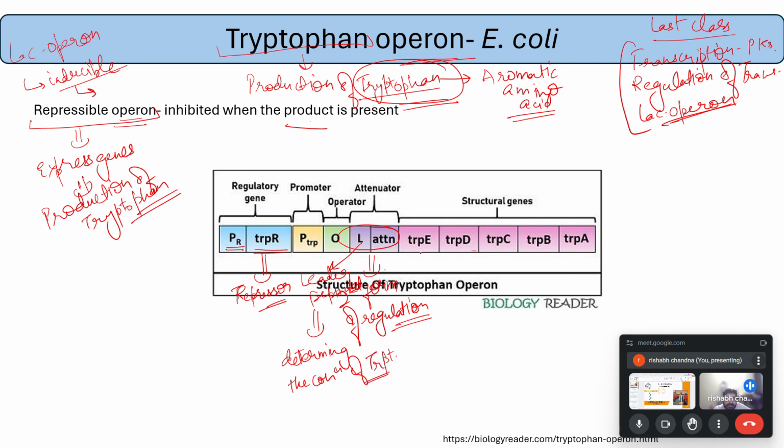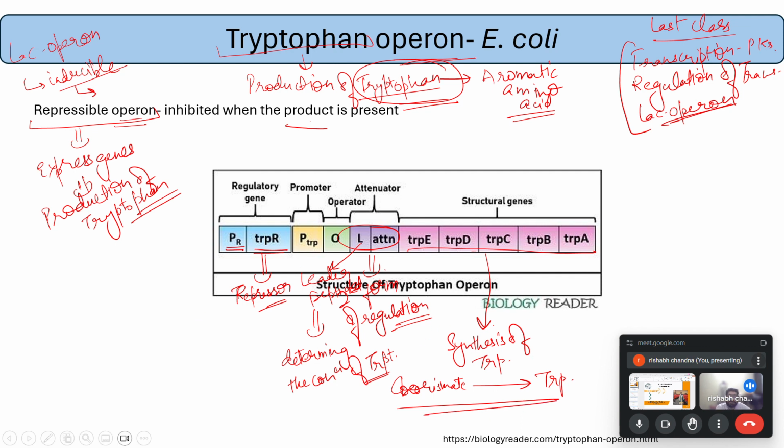And there are five structural genes involved in the synthesis of tryptophan, converting chorismate to tryptophan. So this was the basic idea about the tryptophan operon and the genes present in it, and it is a type of repressible operon.